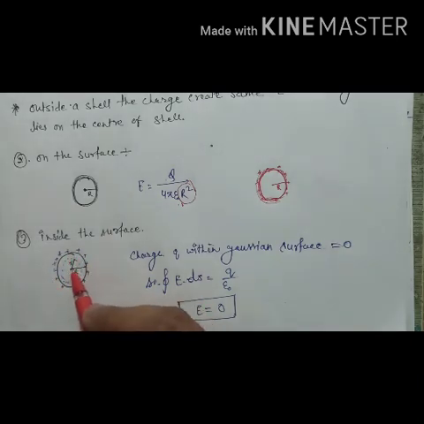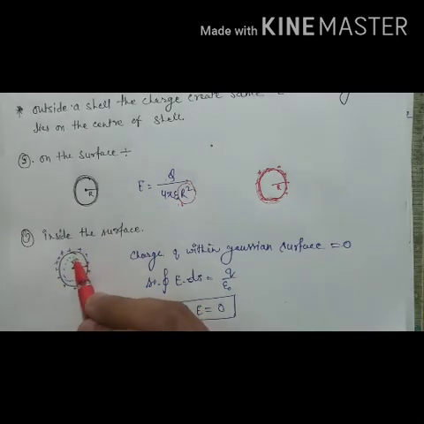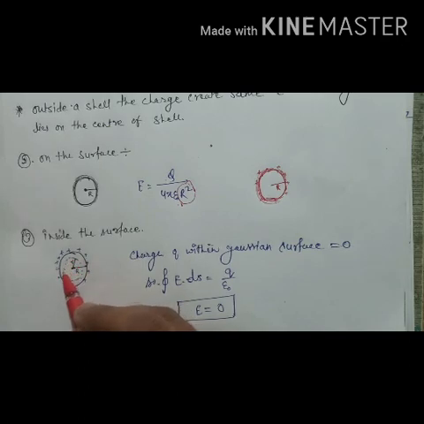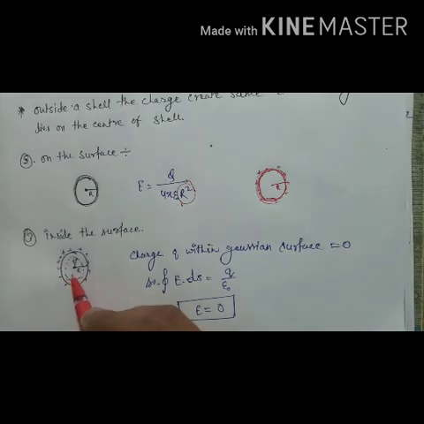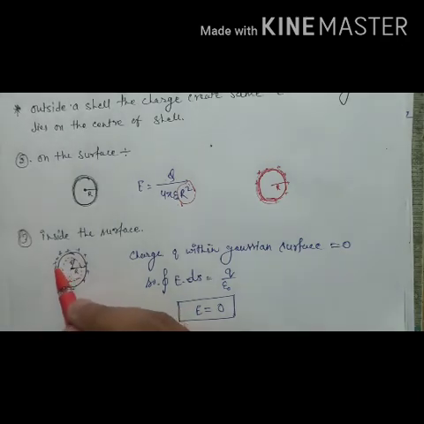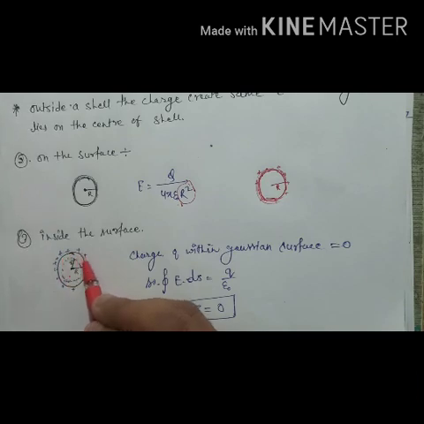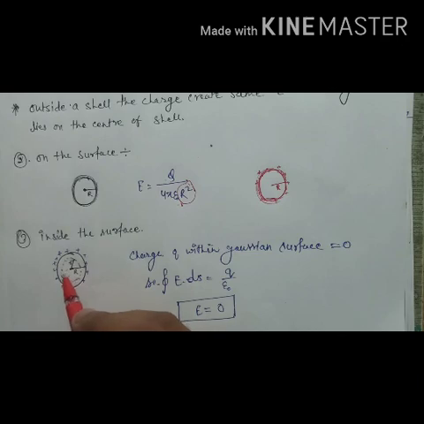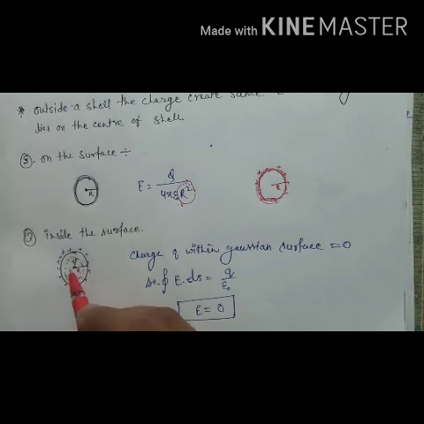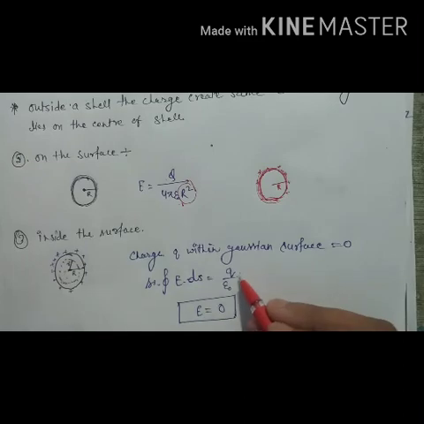We take a point inside this conducting cell and make a Gaussian surface. But in this case, the whole charge is on the surface, so within the Gaussian surface the net charge will be 0. Charge Q within the Gaussian surface is 0. So we have Q is equal to 0.